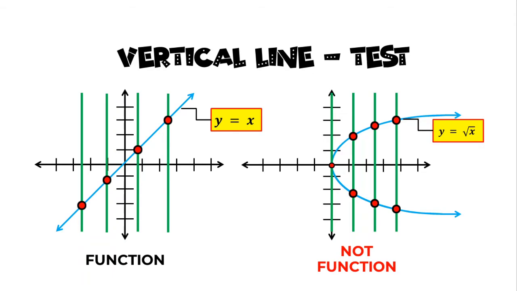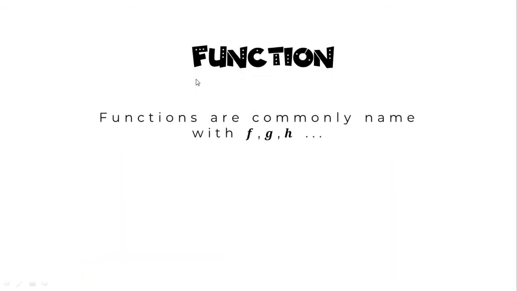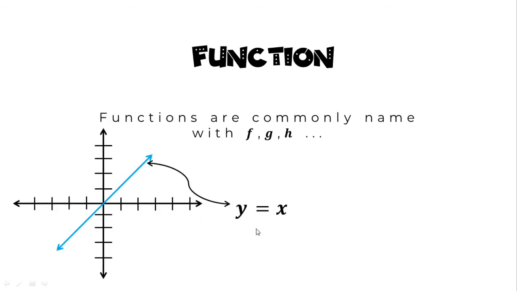Okay, next. Functions are commonly named with f, g, h. Okay, so ang function daw ay karaniwang sinusulat using the letters f, g, h, and so on. So for example, itong graph natin, y is equal to x, pwede natin isulat din as f of x.